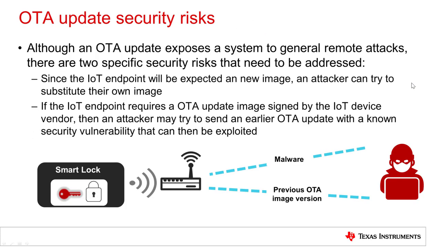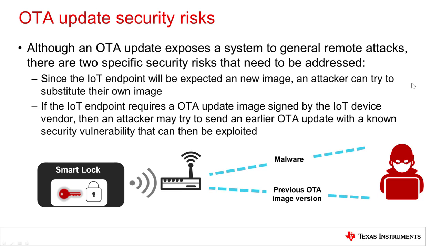Before we get into the specific steps of performing a secure OTA update, there's a couple of security risks I'd like to highlight. One is fairly obvious. Since the IoT device endpoint is expecting a new image, an attacker can try to substitute their own image so they can perform a malware takeover of the device. The second form of attack is called a downgrade attack.